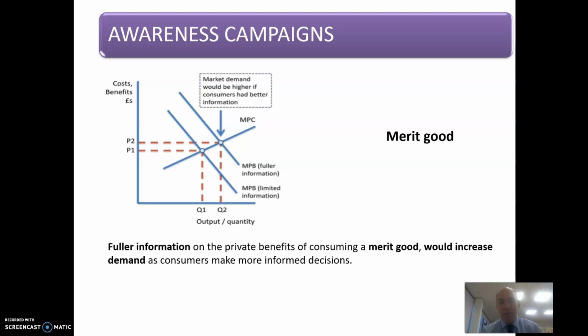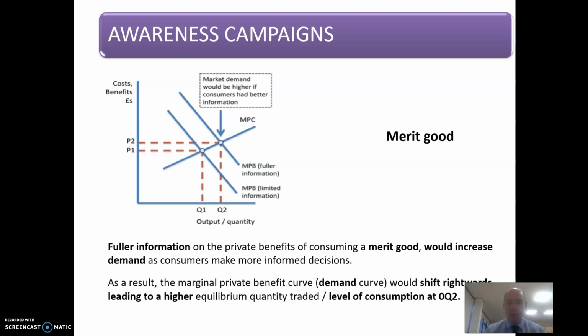So with a merit good, something like healthcare or education, by providing individuals with better information, it should increase demand as consumers make more informed decisions. As a result, the demand curve would shift outwards from D to D2, so it's the marginal private benefit curve with fuller information, and more of a merit good would be consumed, such as education or healthcare.